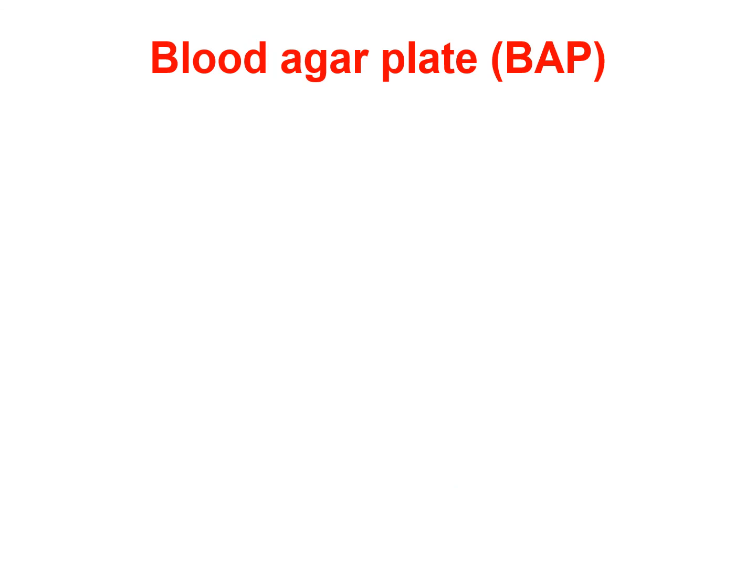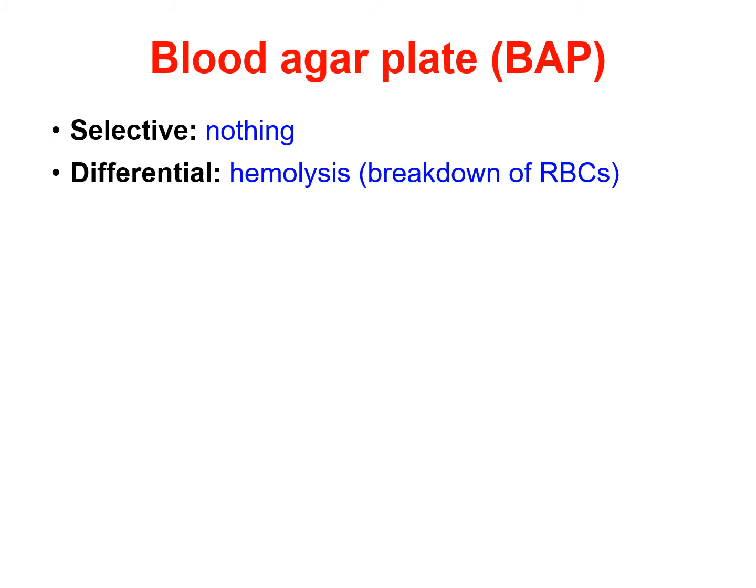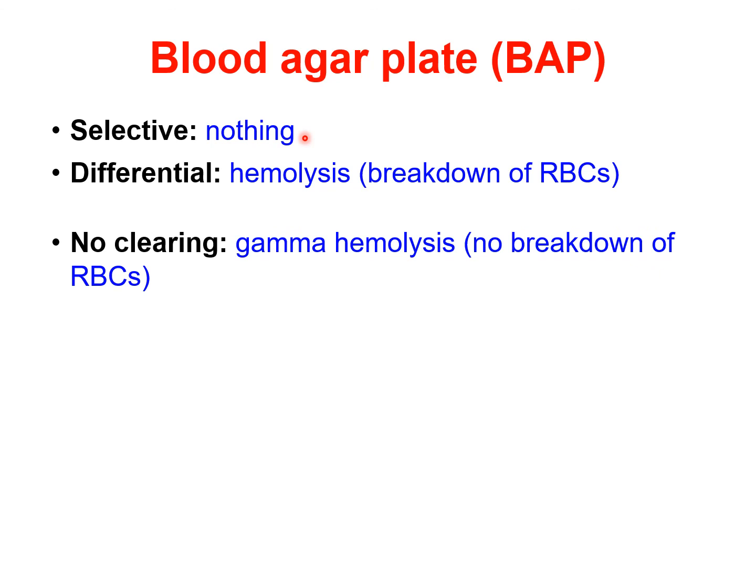Now, the blood agar plate is another test. It's also differential because it's going to help you differentiate between the bacteria that are capable of breaking down red blood cells versus those that can't. But it's not selective. Now, you can actually get three results. This is the symbol for gamma. There is something called gamma hemolysis, where the bacteria growing on the blood agar will not be able to break down red blood cells.